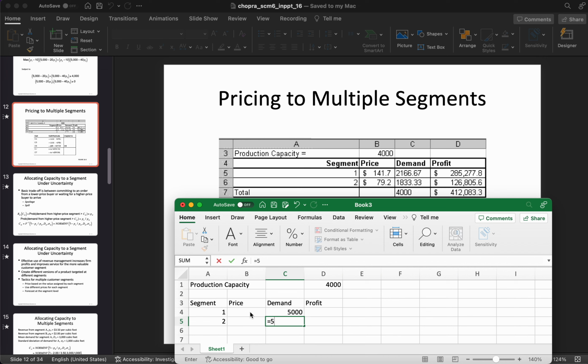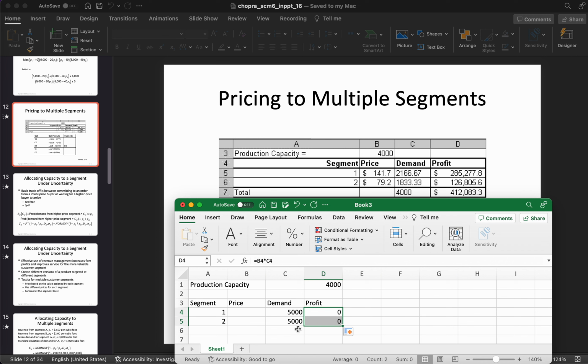And here it's going to be 5,000 minus 40 times whatever our price is going to be, right? And our profit will be whatever price we have times demand. We can just copy this formula down, right?